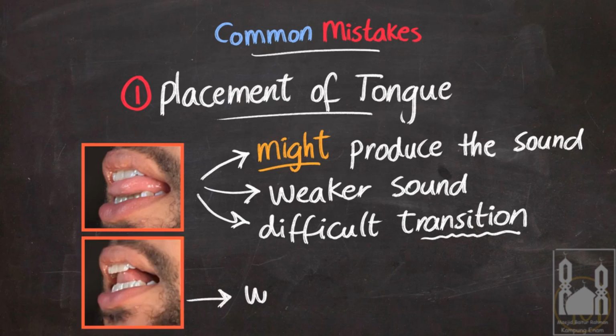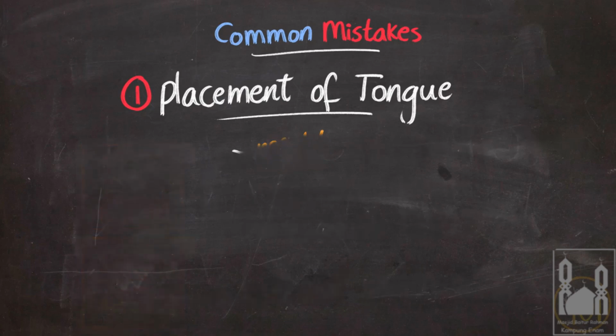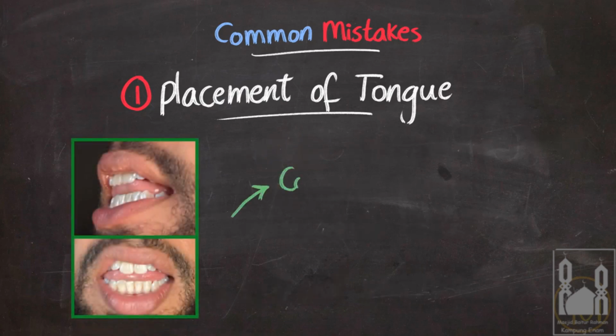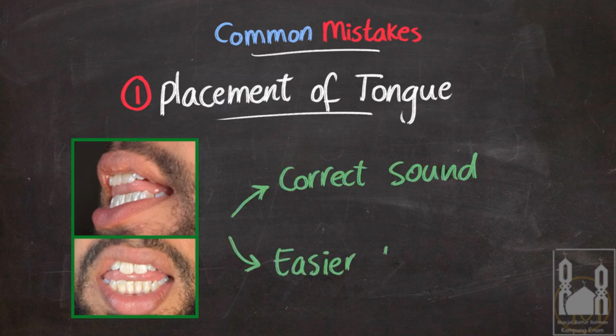And if it is behind the teeth, then the sound will not be produced at all, and it will produce a different sound. However, when it is put in the right place, the tip against the tip, the sound will be produced properly, and the transition will go smoothly.